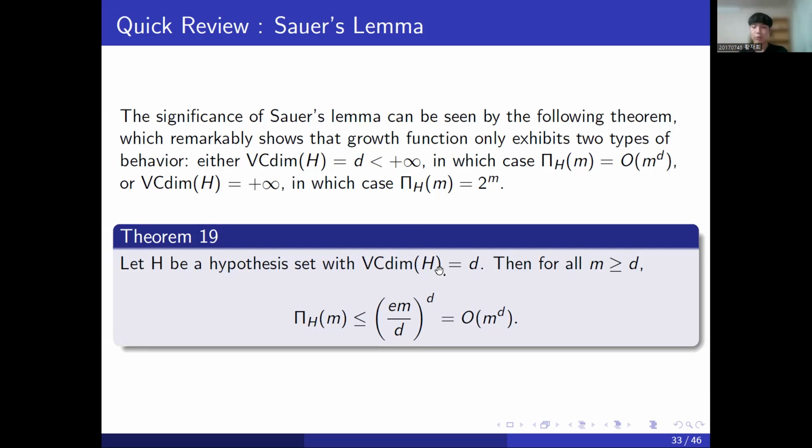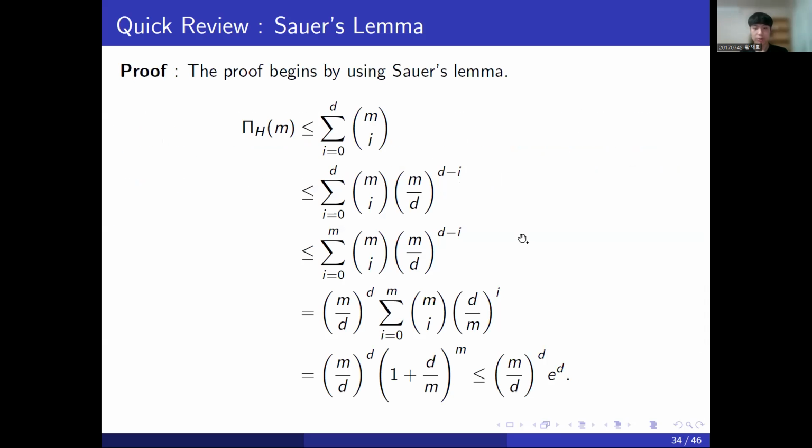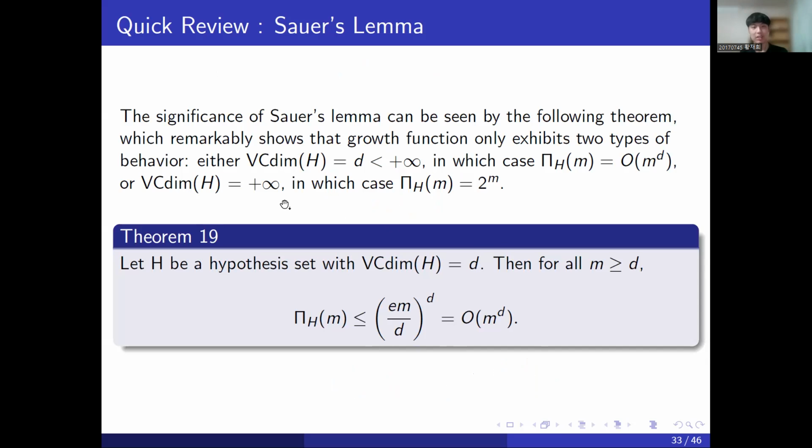Because this combination function consists of a product of m, m minus 1, and so on, d times, so it is at most m to the d. The actual proof is this, but I skip it. The important part is that if the VC dimension is finite, then the growth function is at most polynomial in m, and otherwise it is exponential, 2 to the m.